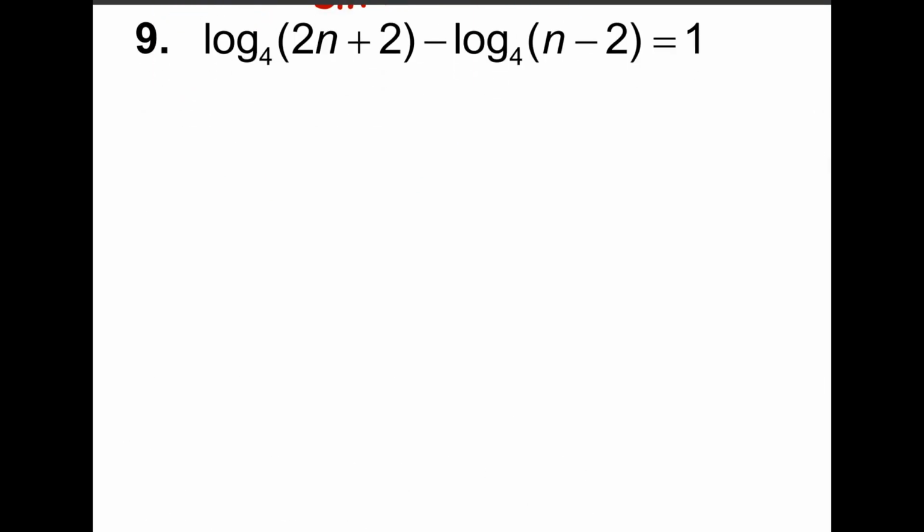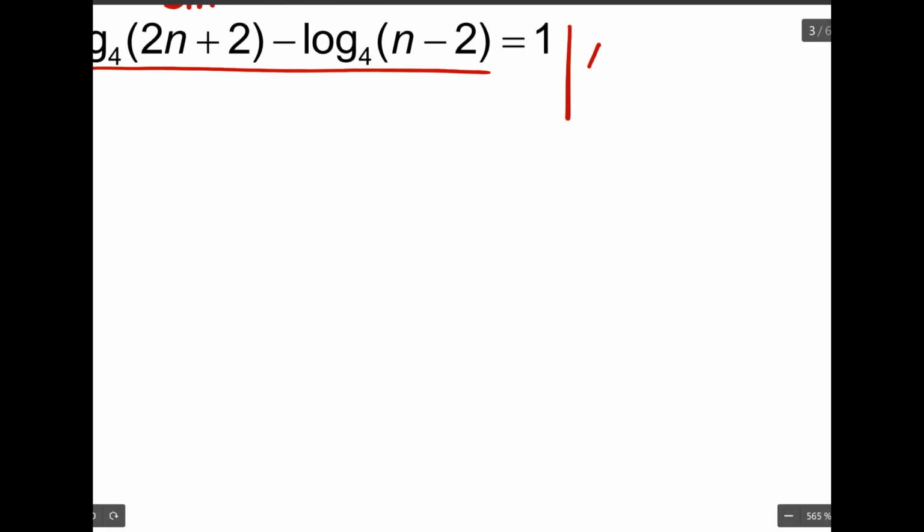So for instance, this one, I am subtracting 2 logs. So how can I combine them to get it into a single logarithm? You have an idea? So we combine them using the quotient property?